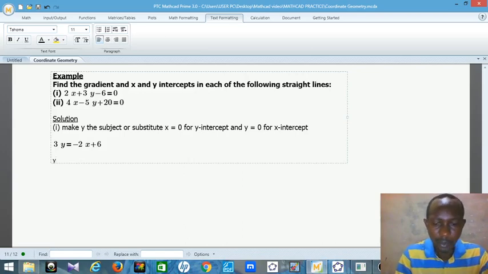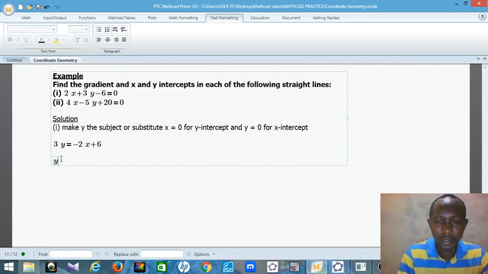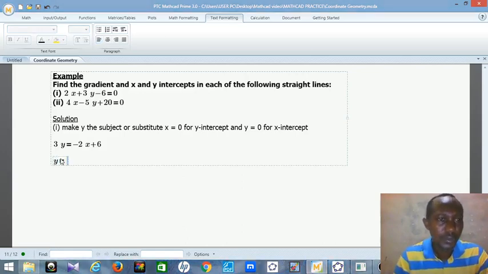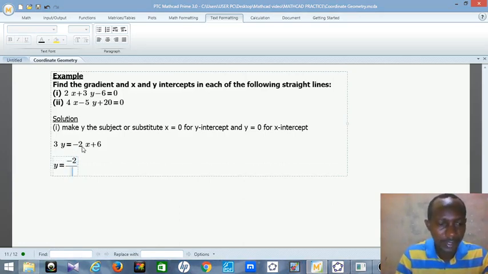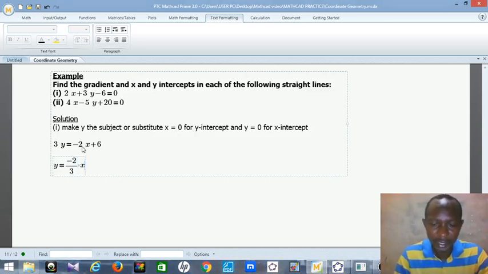So I'm going to have y is equal to, when I divide each term by 3, minus 2 divided by 3 x. So that is our gradient. Minus 2 over 3 is our gradient. Then plus 6 divided by 3.